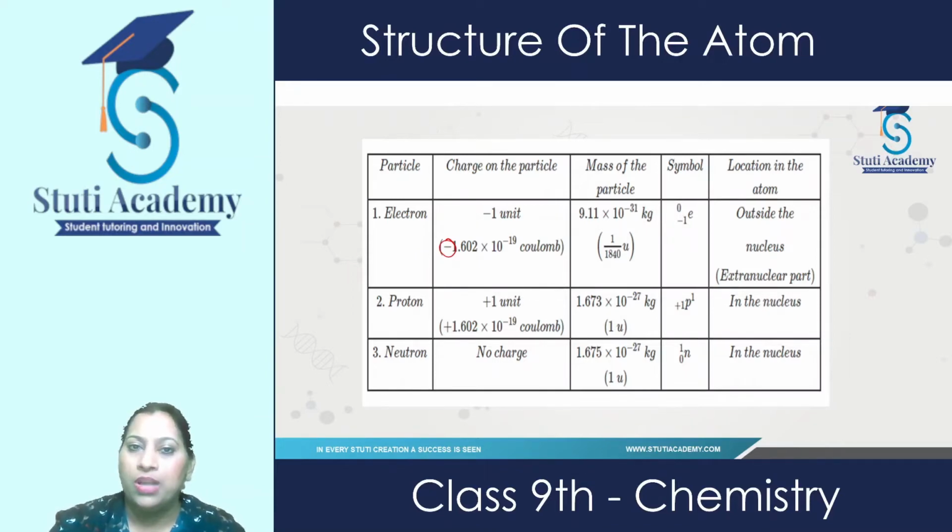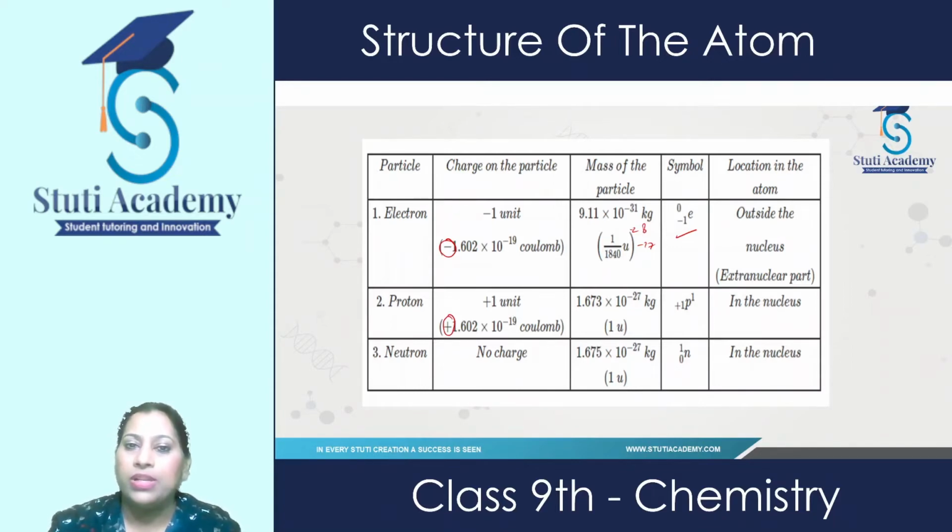As I told you, in some books it is written minus 28, minus 27. So all are correct. And it is represented by this symbol. And it is located outside the nucleus in an atom. Then proton. Charge on the proton is similar to that of electron. Only difference is of sign. It is negative and it is positive.